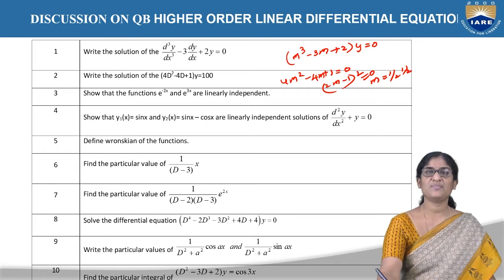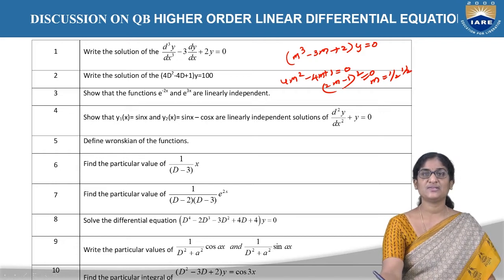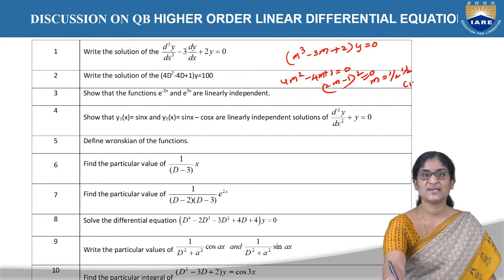So therefore, the complementary function is c1 plus c2x into e to the power of half x.